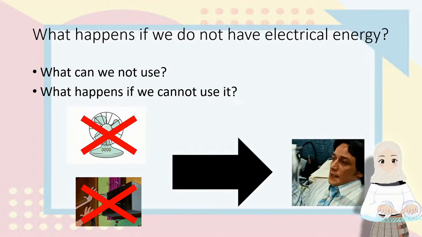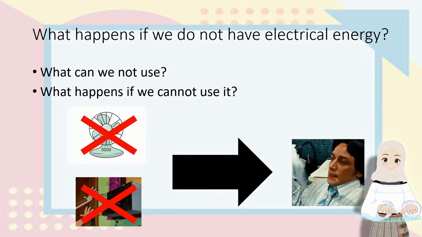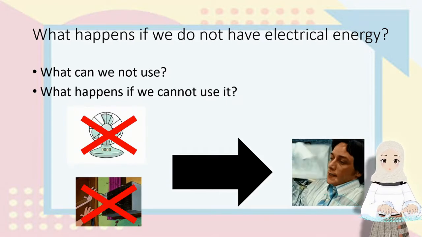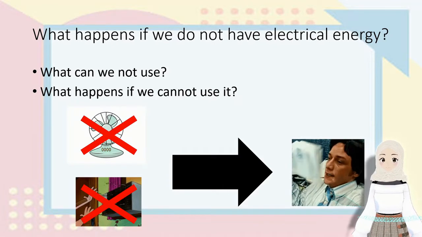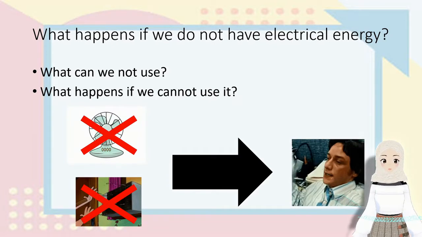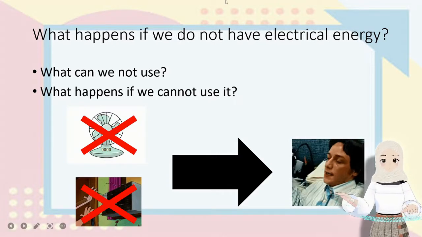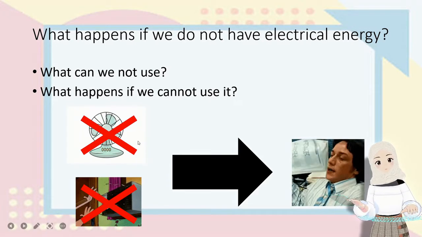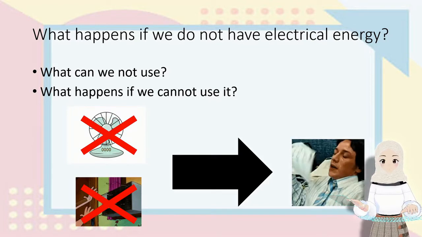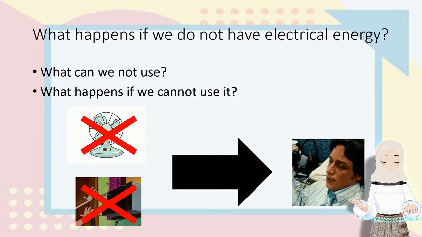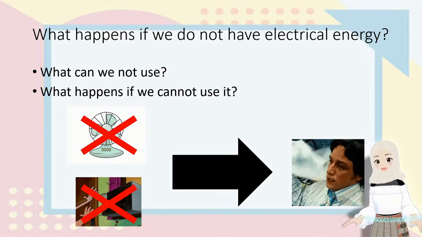We will have to use a fan, a paper to keep ourselves cool, or maybe kiap tangan to keep ourselves cool. So it doesn't have to be fan or air conditioner. You can think, what happens if we cannot use a lamp? What happens if we cannot use a car? Car itu pun guna electricity tu jua. What happens if we cannot use mobile phones?